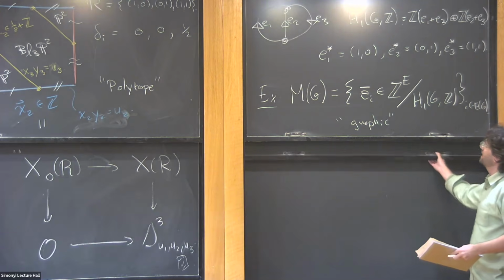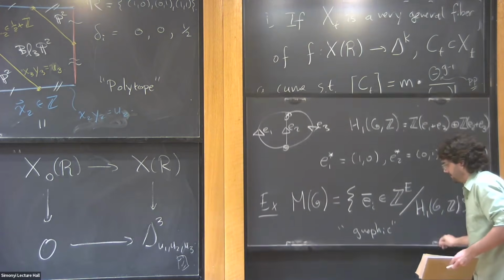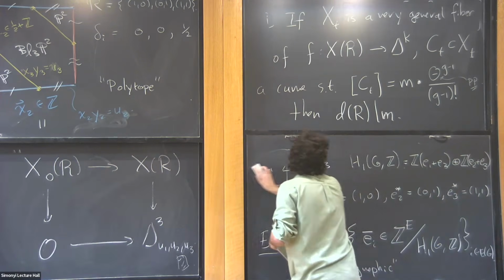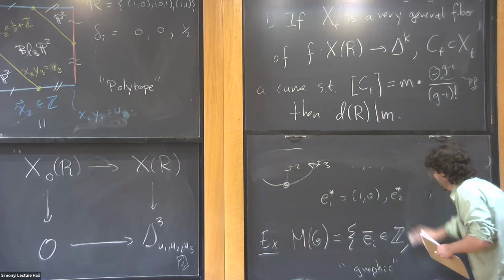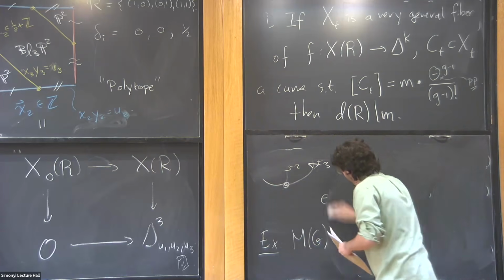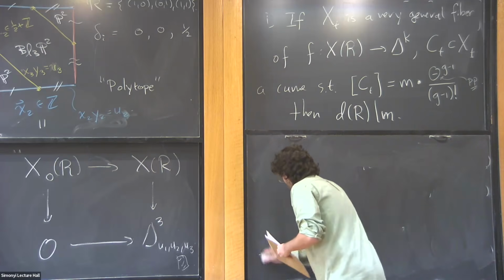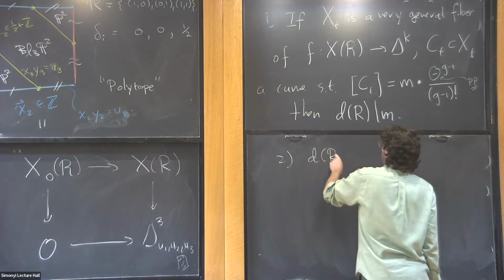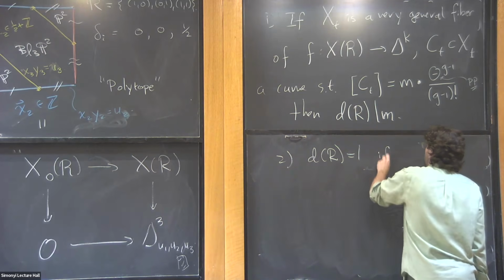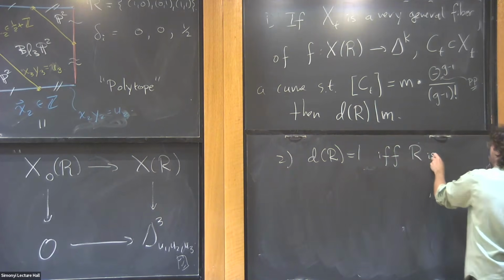Okay, so that's the first sort of thing. And then the second is a sort of description, to some degree at least, of this multiple. So 2: D of R equals 1 if and only if R is cographic.